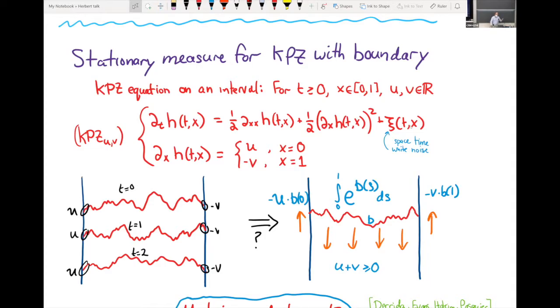So the derivative is some sort of continuum version of something like the asymmetric simple exclusion process with these open boundary conditions. So this is a very natural model to study. But what are the natural questions? Well, oftentimes the first question you'll ask is about the invariant measure. And if you think about this model for a little while, you'll realize there is no invariant measure, at least no invariant probability measure. Because what will happen is the entire height function will just drift away.